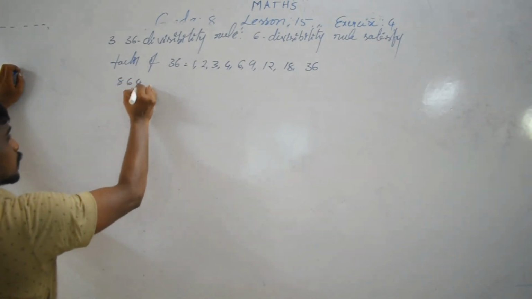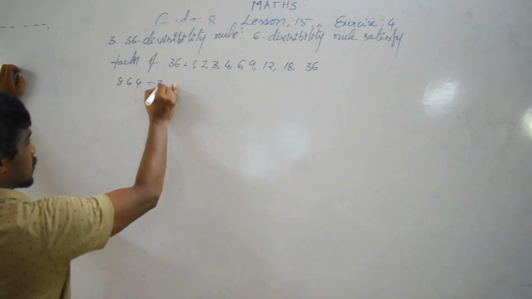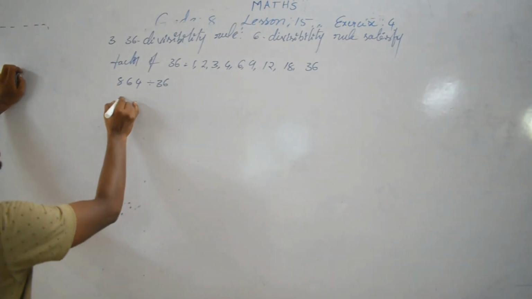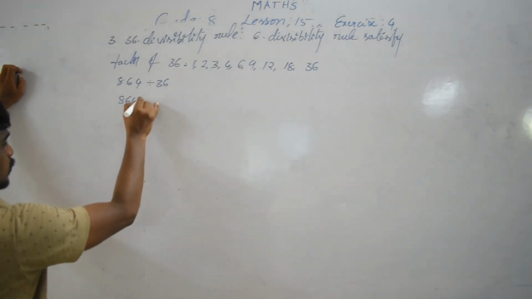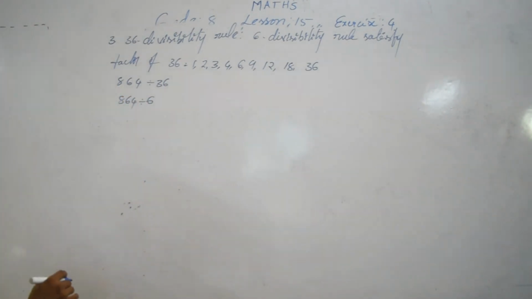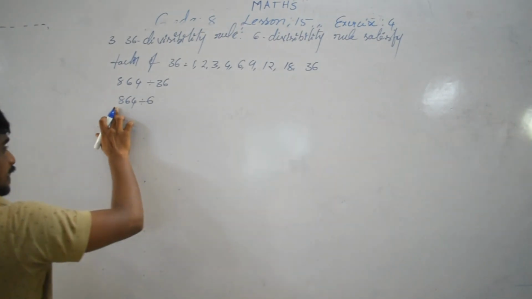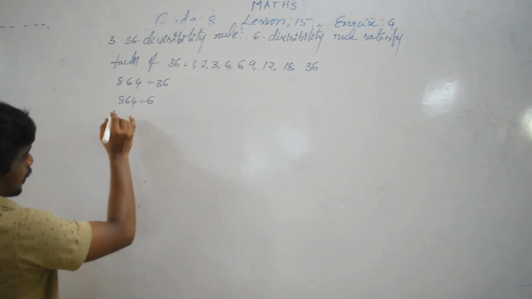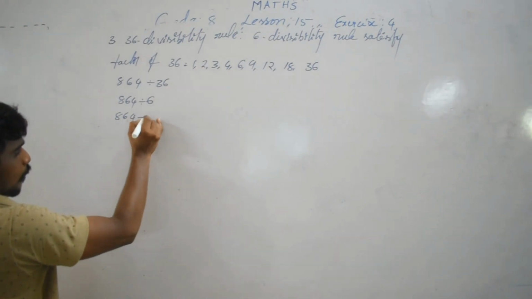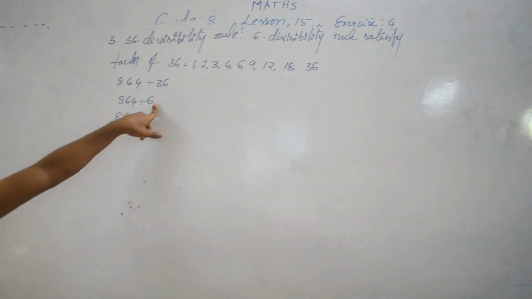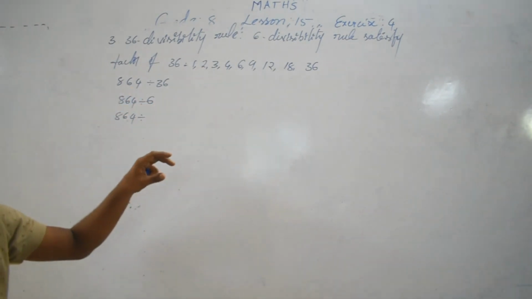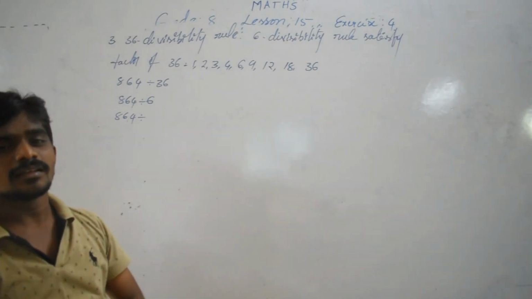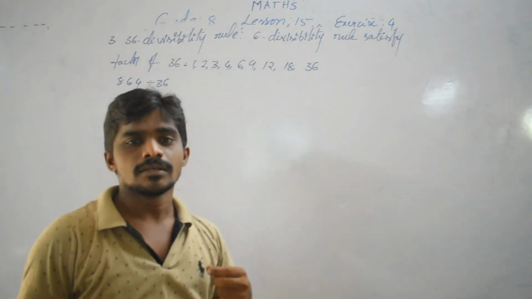864 divided by 36. So 864 divided by 6, once you check. So 864 divided by 2. Why? What is the 6 divisibility rule? A number divisible by 2 and 3 is also divisible by 6.